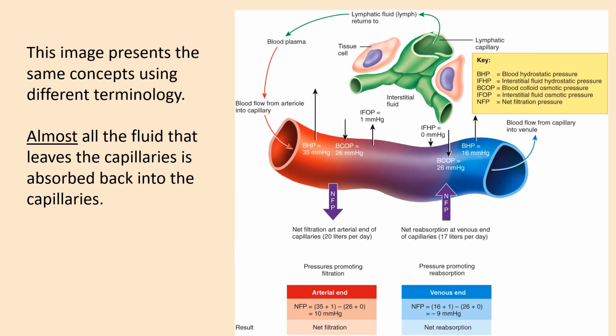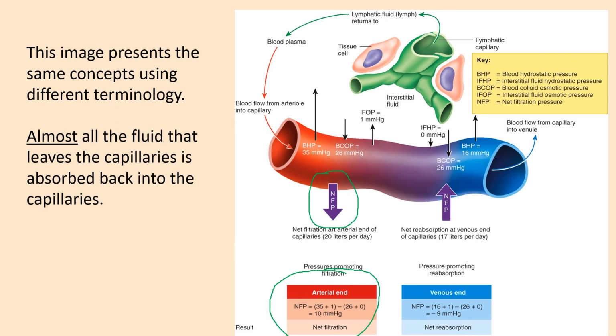So the terminology here is a little bit different, but I want to take you down to the bottom of the image where here we have those 4 forces at the arterial end, and they sum to +10 millimeters of mercury, which means those forces favor filtration, and that's represented here by this purple arrow showing that more water and solutes are going to leave the capillary by bulk flow.